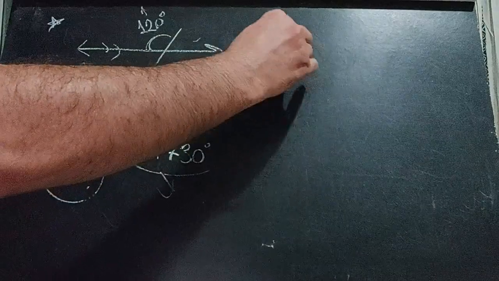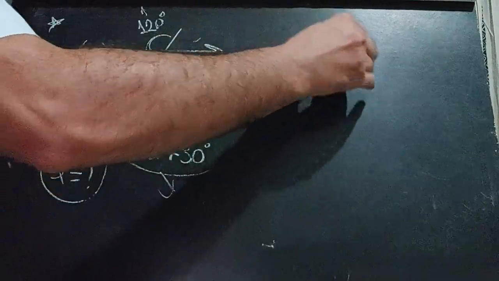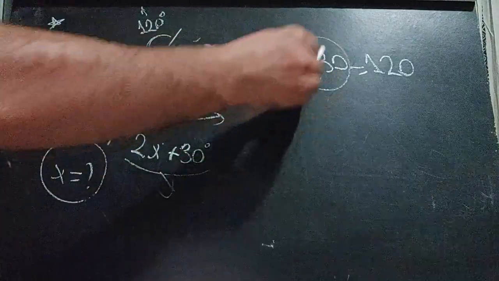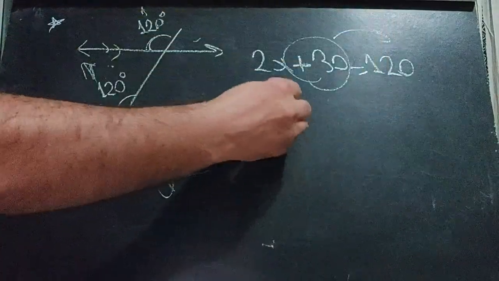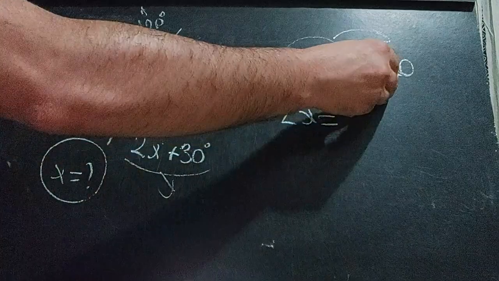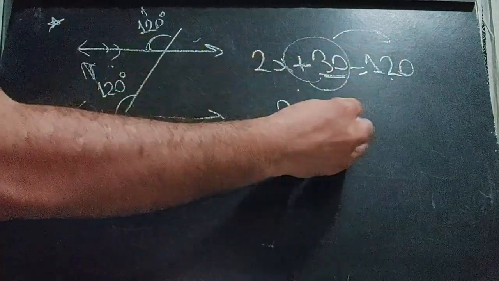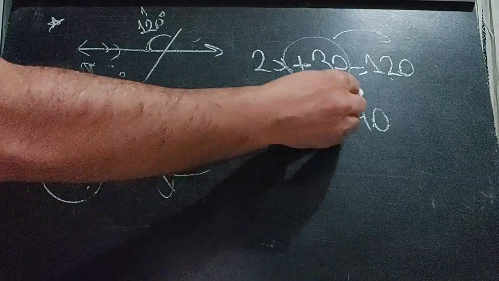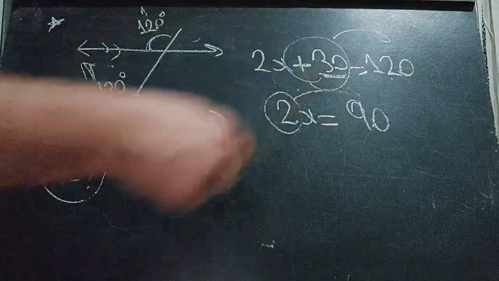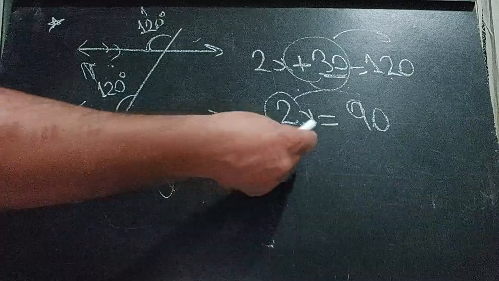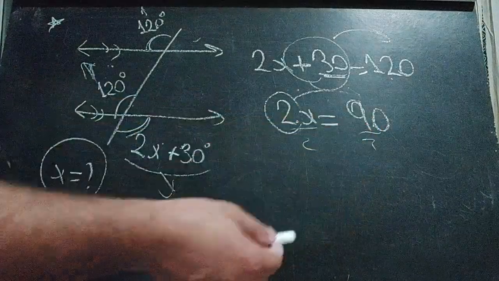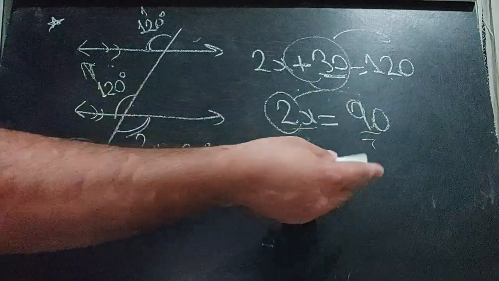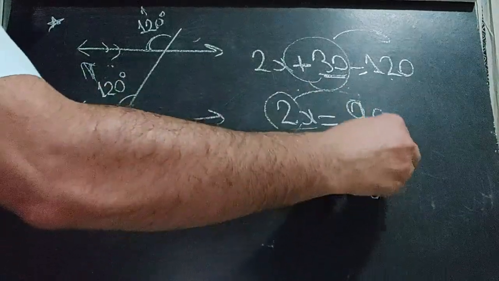So 2x plus 30 equals 120. This will go to the other side as negative. 2x is going to be 120 minus 30, which is 90 degrees. This one is multiplication, goes to the other side as division, or you could say that over 2 for both sides, same thing. X will be 90 divided by 2, which is 45 degrees.